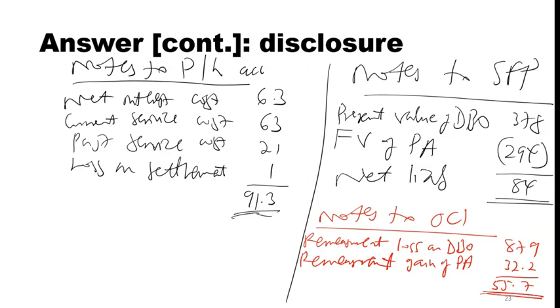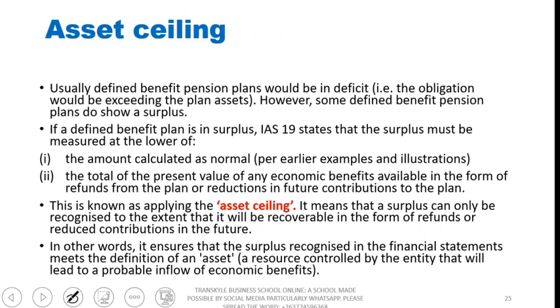Now if a defined benefit plan is in surplus, then International Accounting Standard number 19 states that the surplus must be measured at the lower of the amount calculated as normal, the earlier examples, and the total of the present value of any economic benefits available in the form of refunds from the plan or reductions in future contributions to the plan.